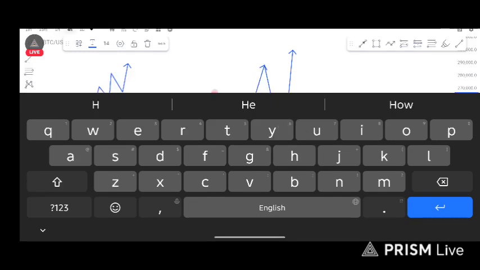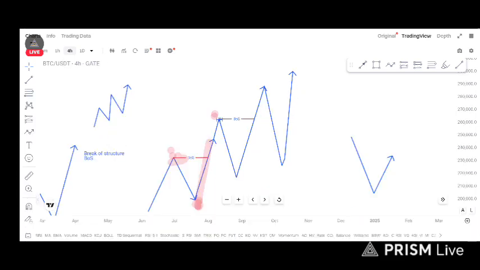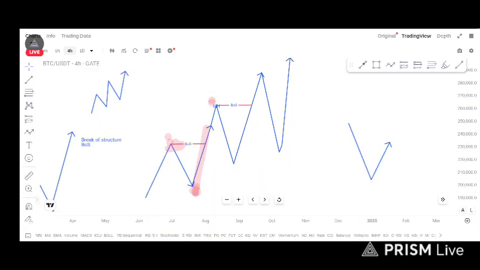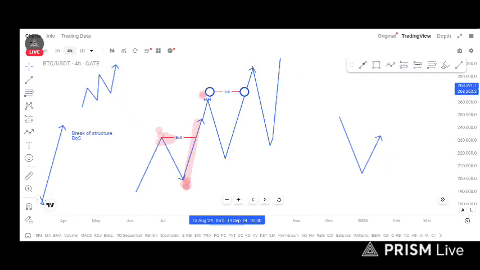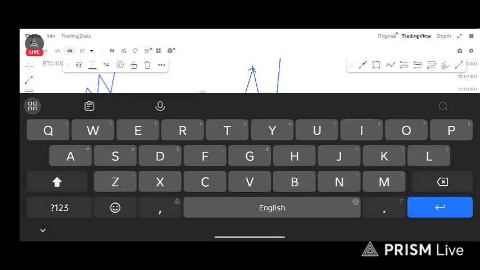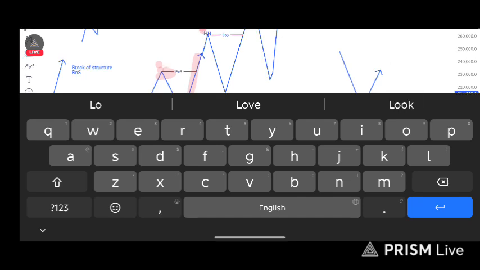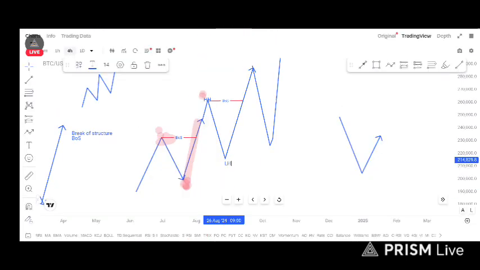We now have a higher high over there. Then we now have our lower high.